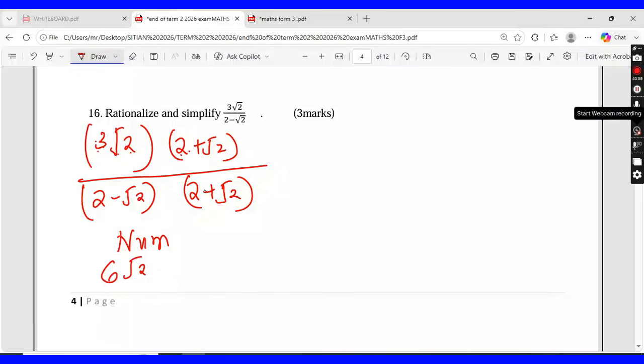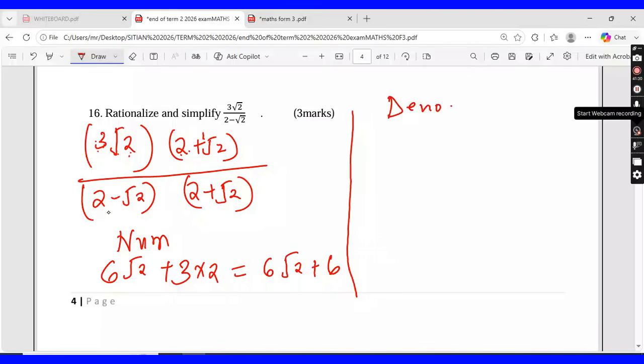Then plus, 3 times the number outside here, which is 1, so 1 times 3 is 3, and root 2 times root 2 is root 4, and the square root of 4 is 2. So the numerator, we will have 6 root 2 plus 6. The denominator.